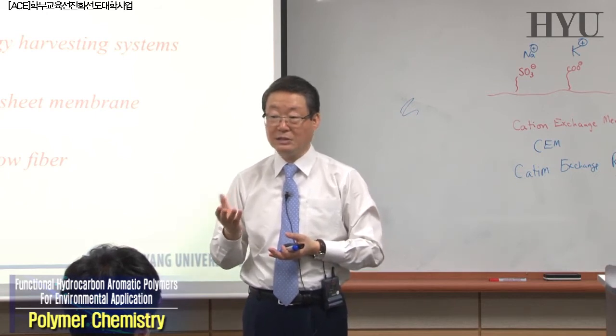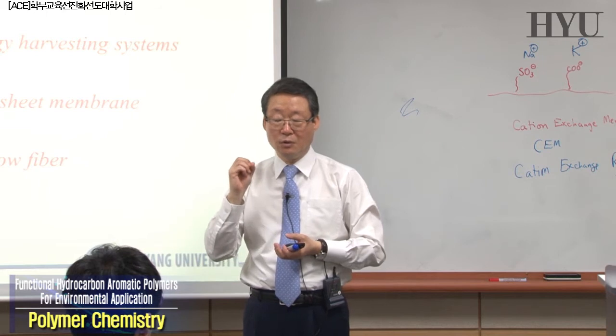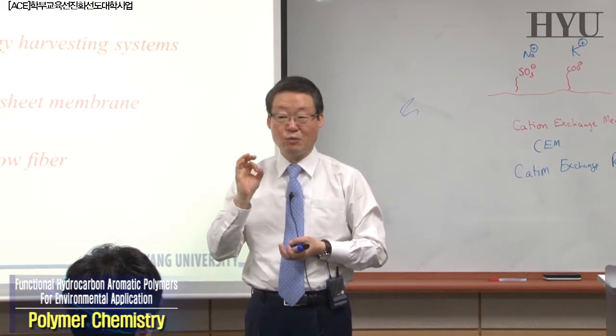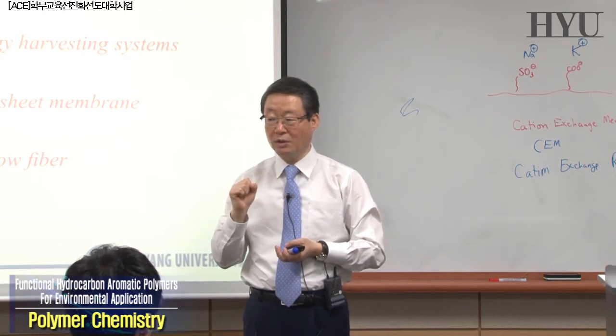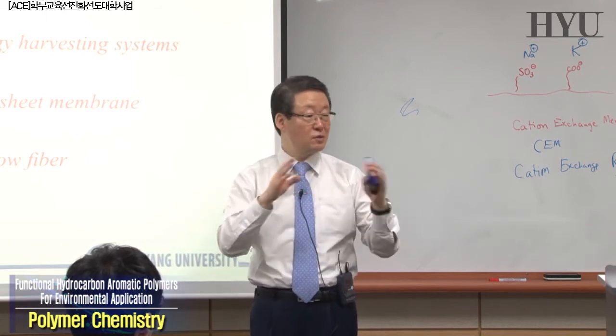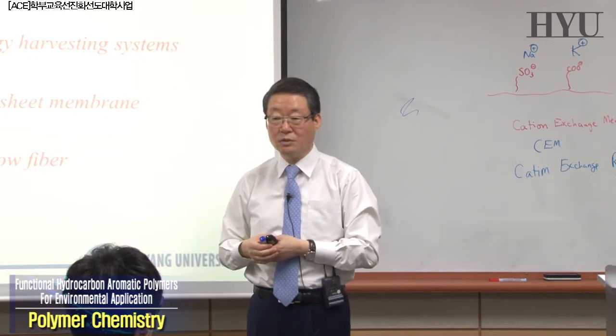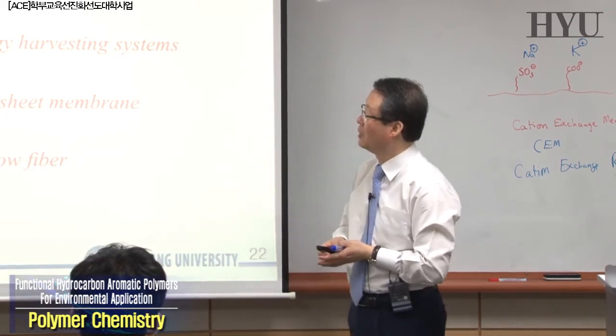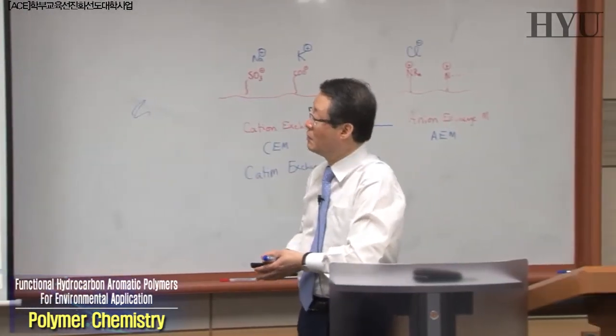Okay, it's not an easy process, but you can extract those very precious metals from seawater as well. So the exchange of cations and anions using ion exchange membranes is a big industry.